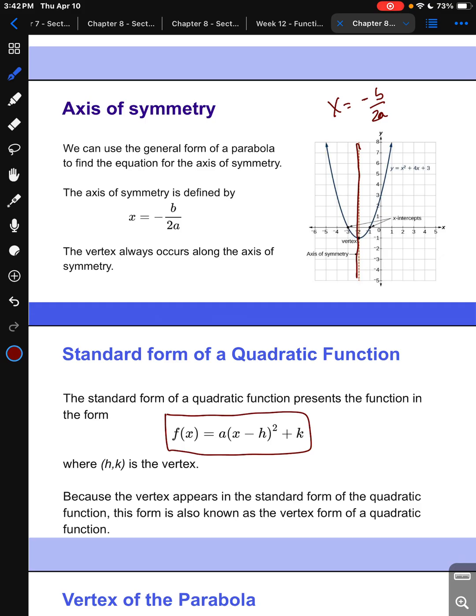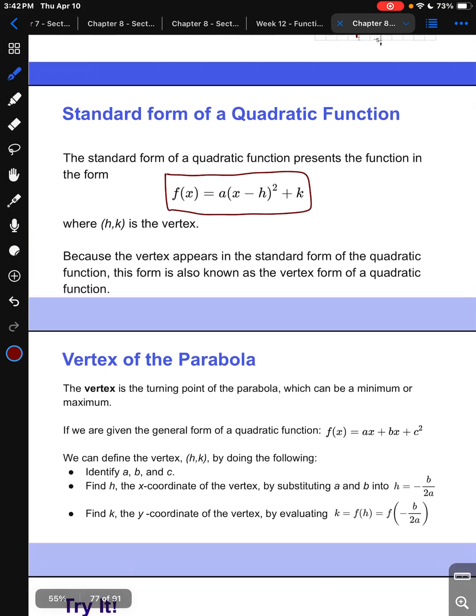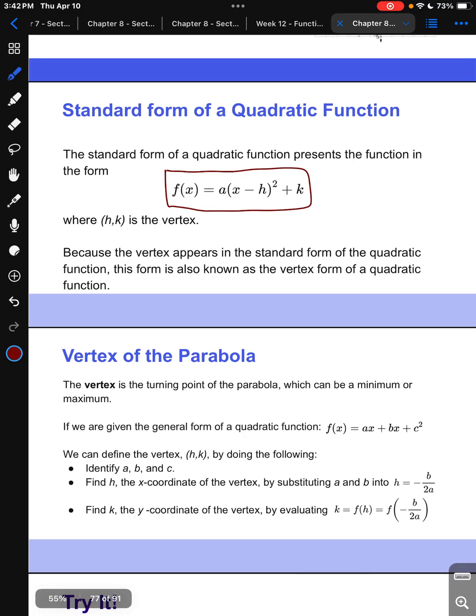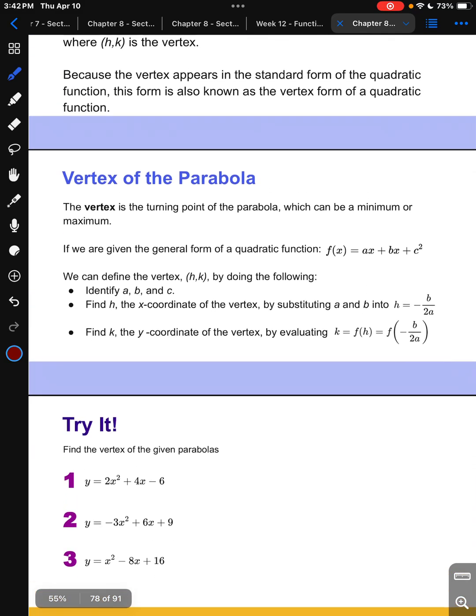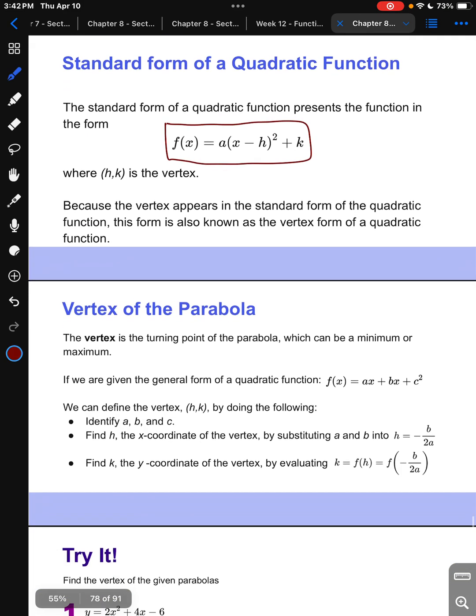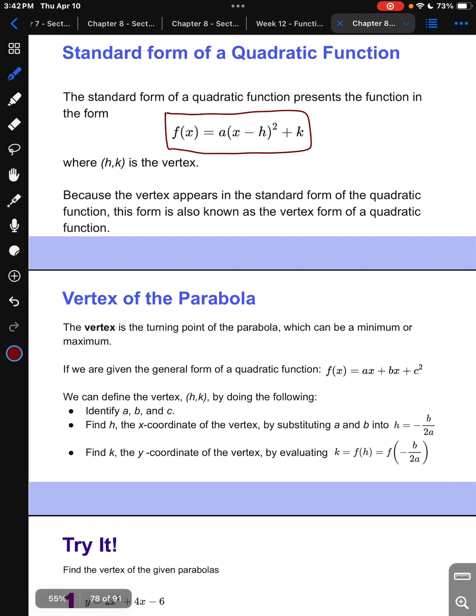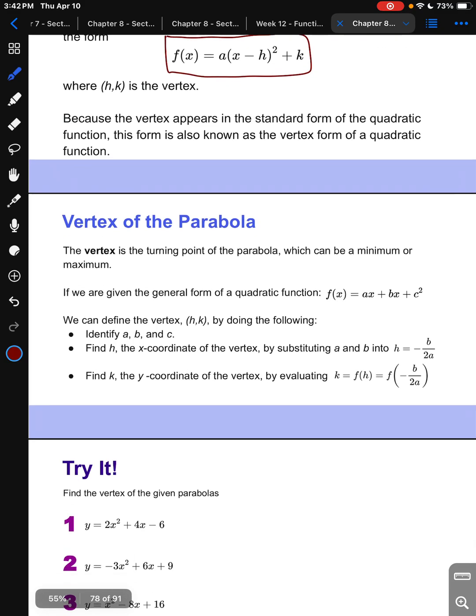The vertex is h, k. So to find out the vertex, you're going to follow this step right here. So we know that this is ax squared plus bx plus c.